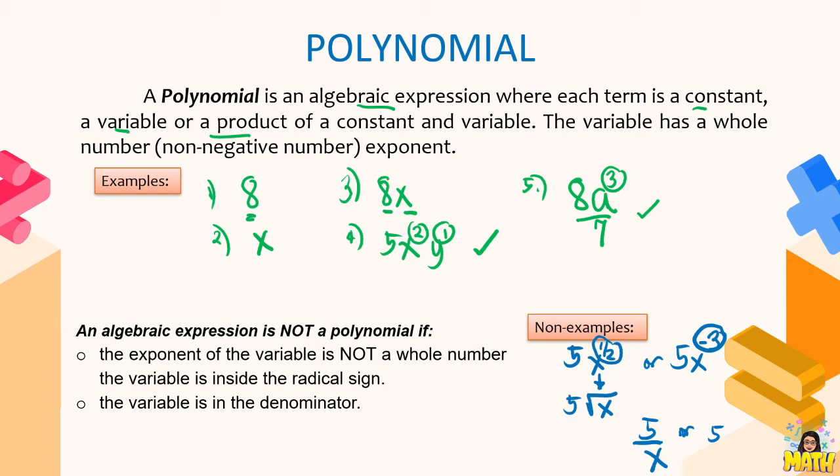Kasi ang ibig sabihin din yan is 5 times x raised to -1. Again, pag polynomial, yung mga usual lang na nakikita natin for as long as ang exponent ng variable is a whole number. So, pwedeng 0, 1, 2, for as long as it is positive whole number exponent.